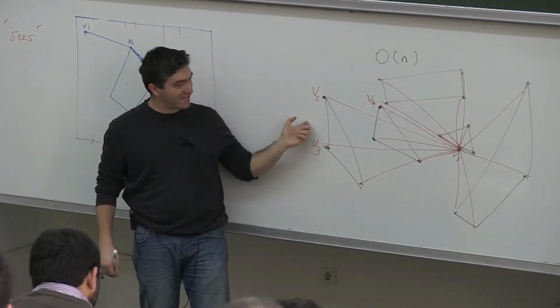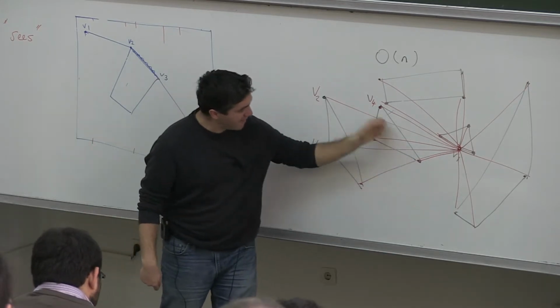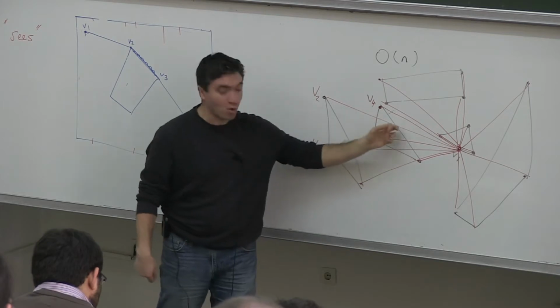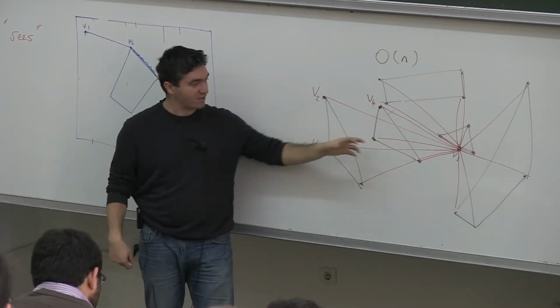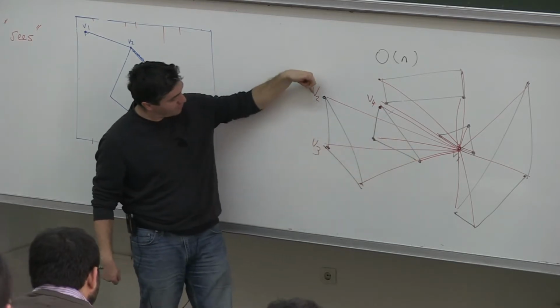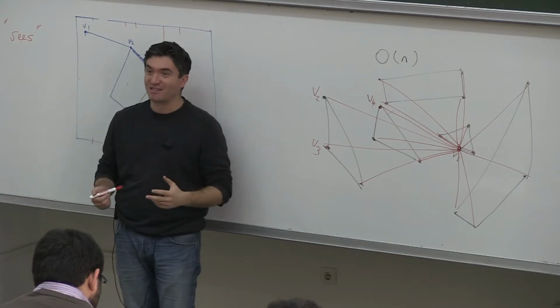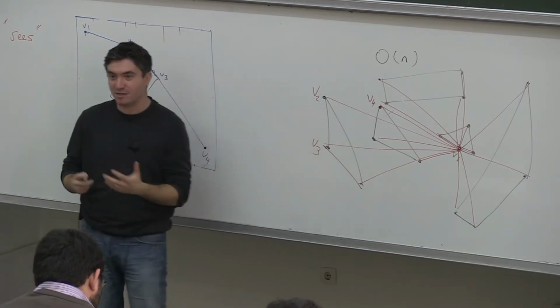So can I make use of the fact that V2 and V3 are close here? The same polygon edge obstructs both V2 and V3. Can I make use of this fact somehow? This is some kind of coherency.